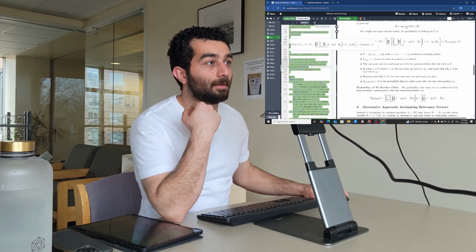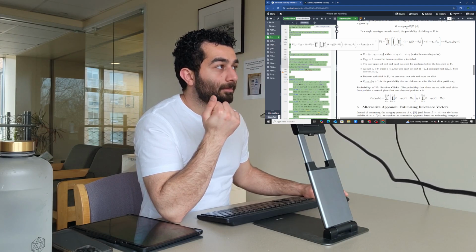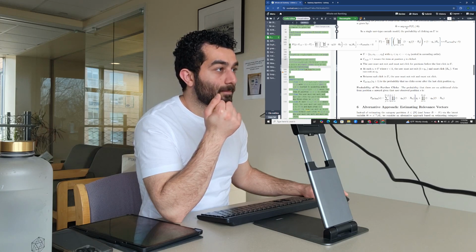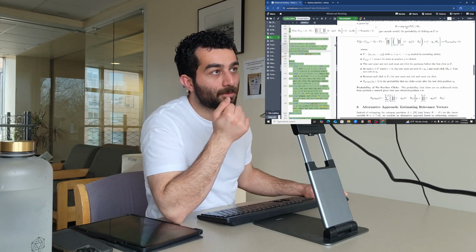What should I add here? Something similar, a minor twist. So let's change this part, S minus 1. The user observes position S minus 1.